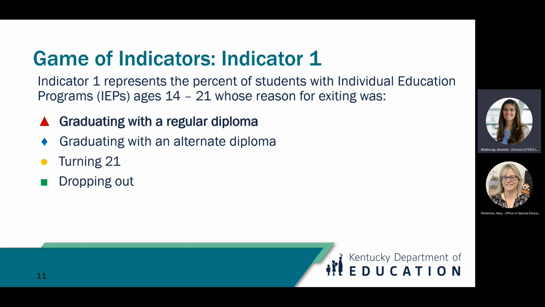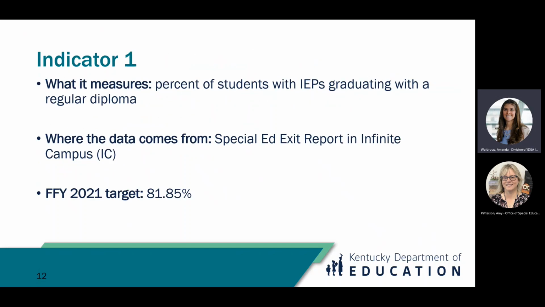So indicator 1 measures the percent of students with IEPs graduating with a regular diploma. The data comes from the Special Education Exit Report in Infinite Campus. This data is submitted annually at the end of the school year through Infinite Campus. And our target for FFY 2021 was 81.85%.